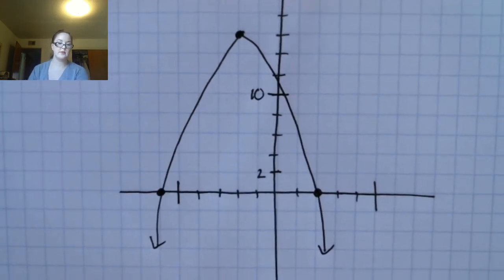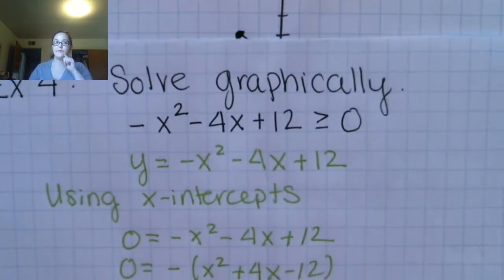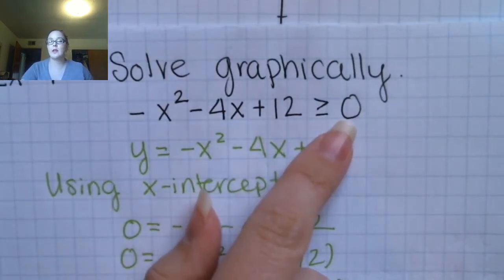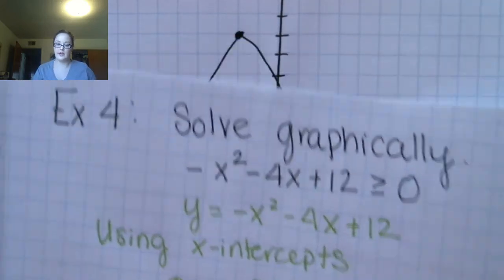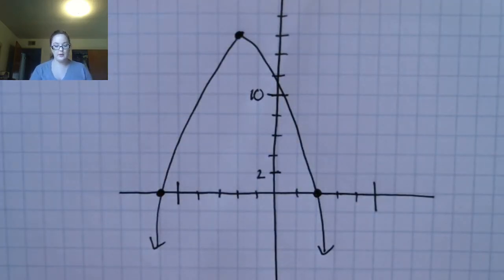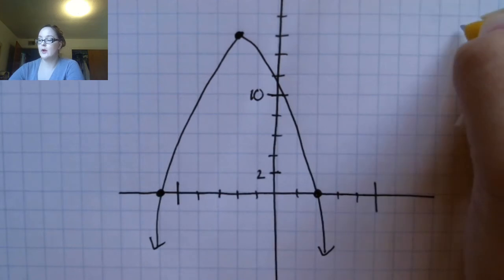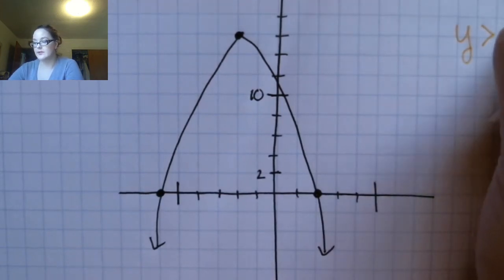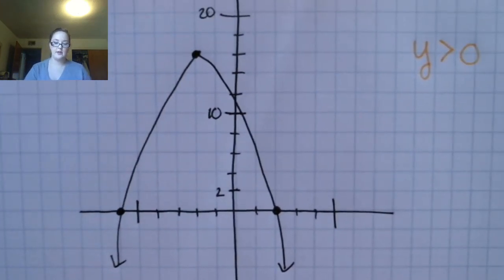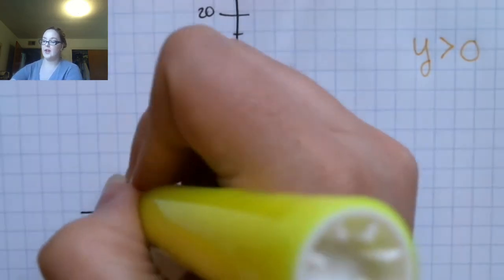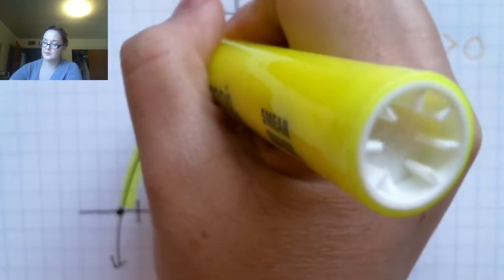Okay, so here's my graph. So let's look at my original question again. Okay, it said, where is it greater than or equal to 0? Okay, so again, we are asking, where is y greater than 0? Okay, so we know that that's above the x-axis, so we're talking about this part here.